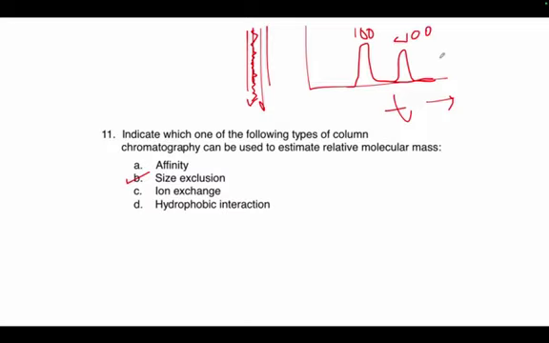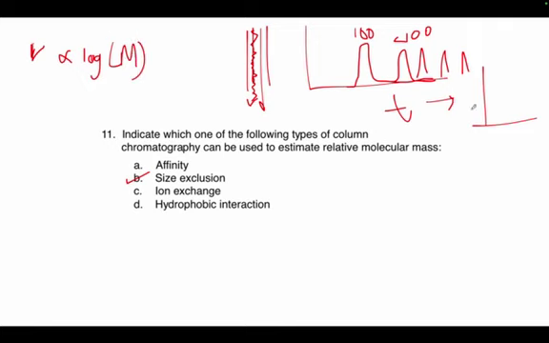Of course, you can get a far better estimate of approximate molecular mass if you have multiple known standards. What is true for size exclusion chromatography is that elution volume is proportional to the log of the molecular mass.